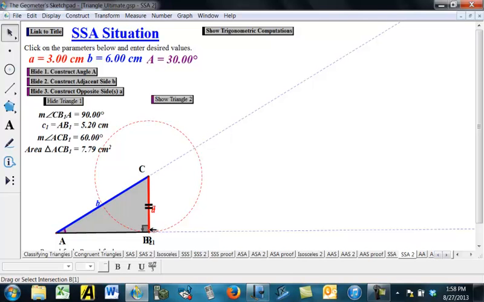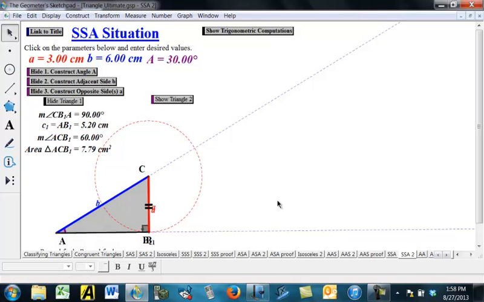But here there's one that's just right to make this line and this circle tangent to each other, and so we have a right angle here, a 90-degree angle there. So that's 60 degrees for the other angle, 30 for this one, and this side down here measures out to be about 5.2 centimeters.